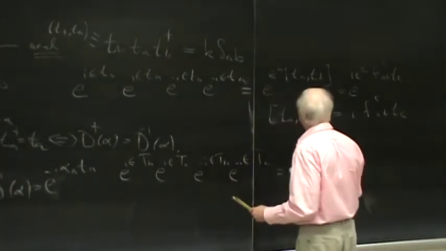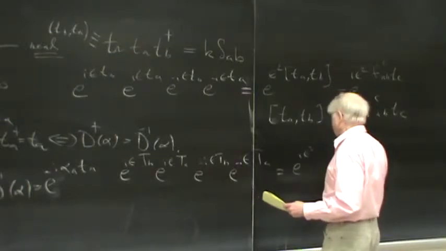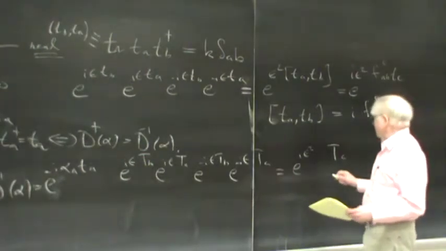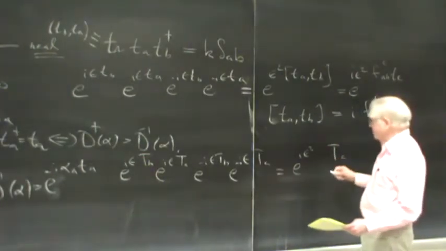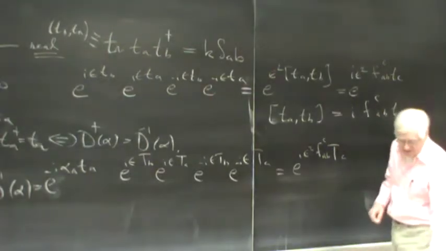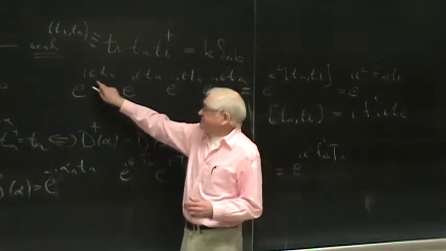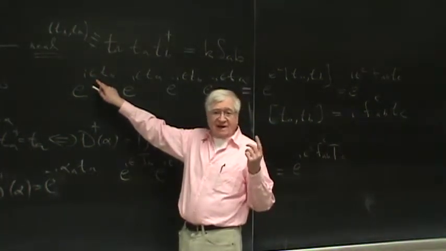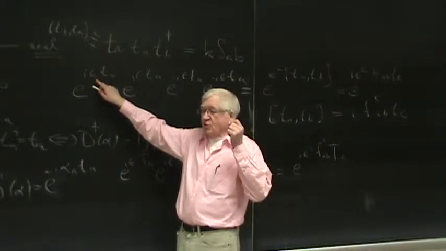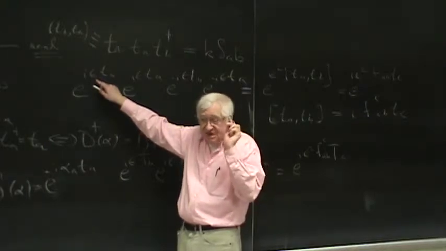And this also has to be e to the i epsilon squared times a linear combination of T_c, and in fact it has to be the same linear combination, and the reason is that this is representing the group element in which all the parameters are 0 except for the bth one, and the bth one is epsilon.